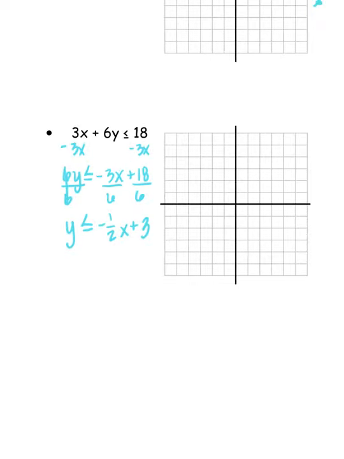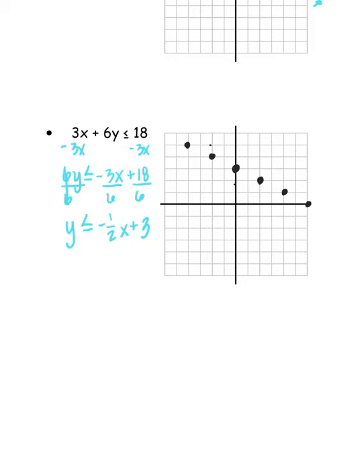Okay, now we can graph this, and my y-intercept is at 3. My slope is -1 over 2, so I'm going to go down 1 over 2, down 1 over 2, down 1 over 2, or I can go up 1 to the left 2, up 1 to the left 2.